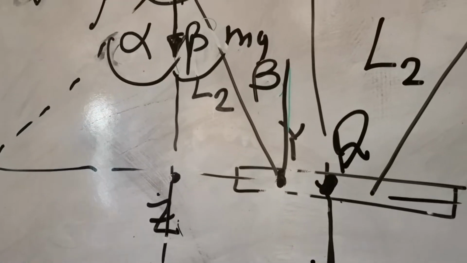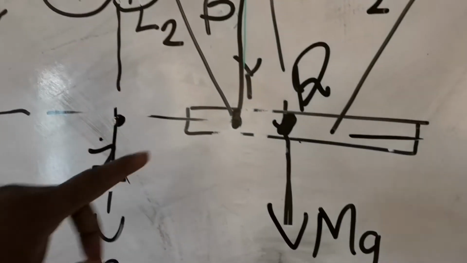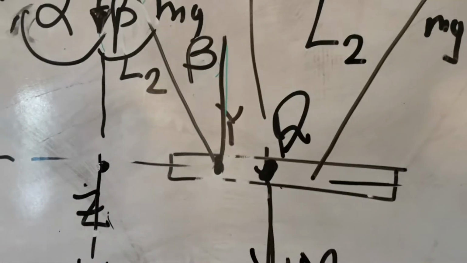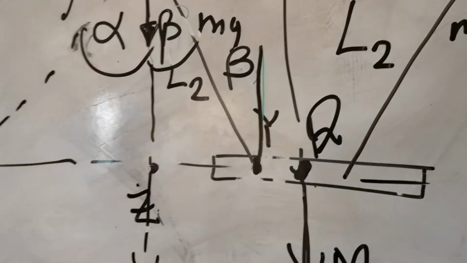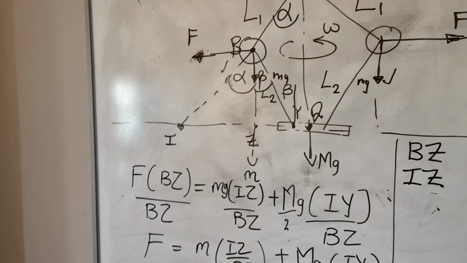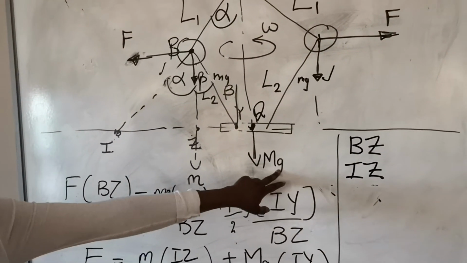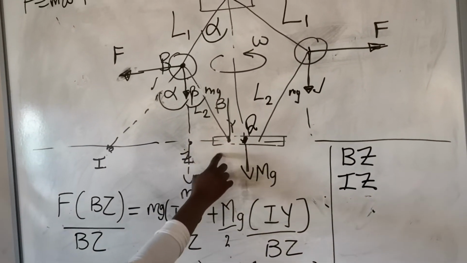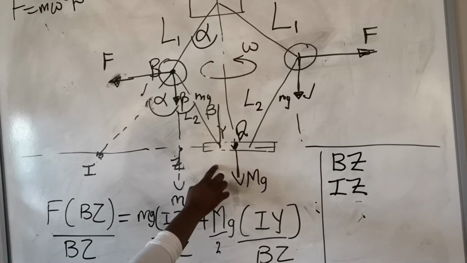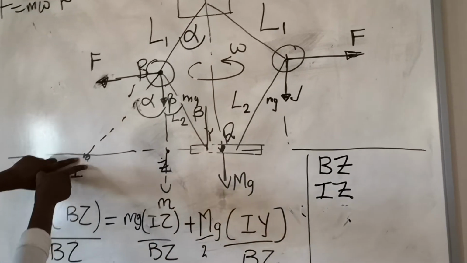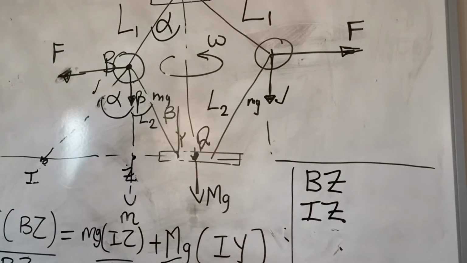That's why we had mg divided by 2, because now it's here in the middle, so it gives you that length. When it's here, it's mg, but when it comes here, it's mg over 2. So when you take your moment, then you take IZ.